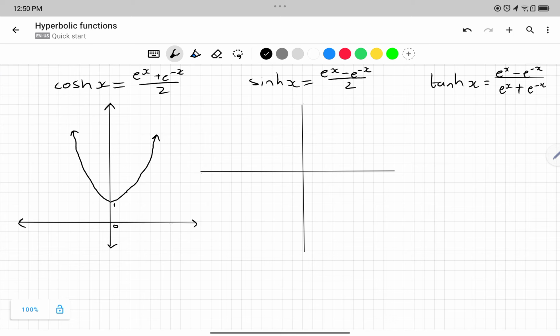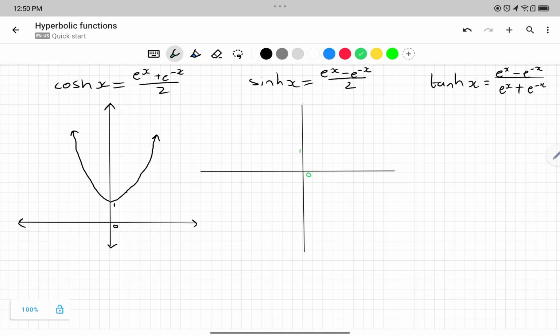So I'm gonna plot the e to the exponent of x over 2 and minus e to the exponent of negative x over 2 just as guides, right? So let's say this passes through 0 and this point is, okay, this is 1.